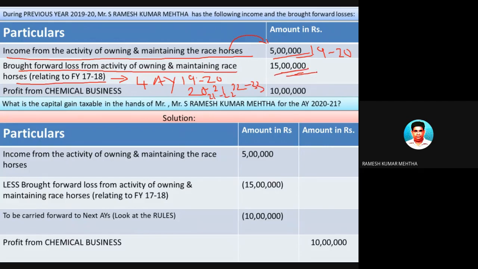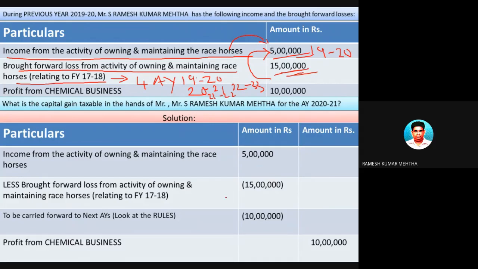So this 15 lakh rupees loss can be set off against this amount of income from the same activity of owning and maintaining of horses. As already told in the previous classes, the loss from the activity of owning and maintaining of horses can be set off against income from the activity of owning and maintaining of horses only. It can't be set off against any other income.